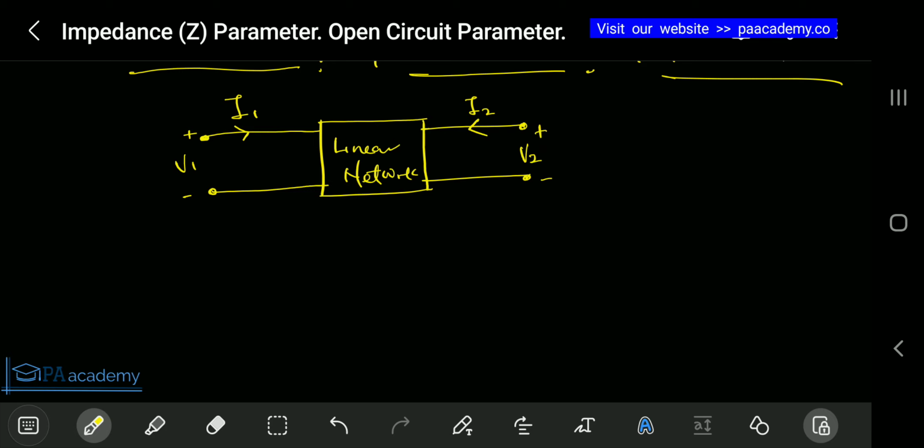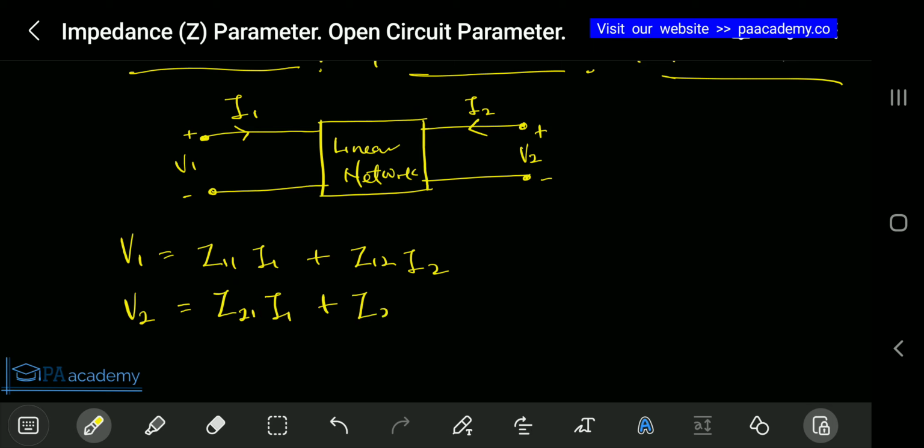Now when we are talking about Z parameters, the equations for the Z parameter are given as V1 equals Z11 I1 plus Z12 I2. Then we also have V2 equals Z21 I1 plus Z22 I2.